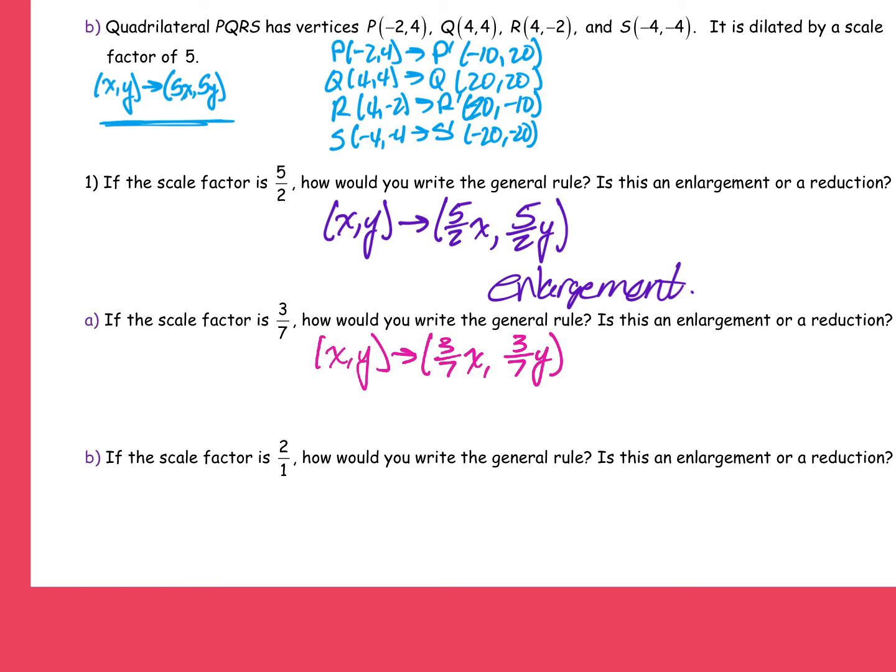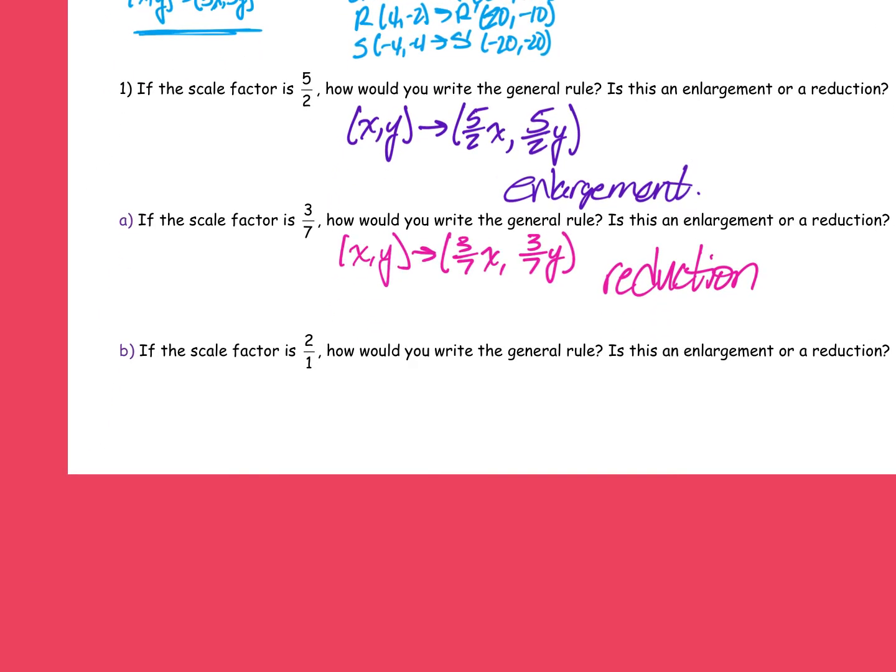So if the top number is bigger than the bottom number, then it's an enlargement. If the top number is smaller than the bottom number, then it's a reduction. Thank you for that word. Does that help a little bit? Okay, so let's talk about B. What's my rule?